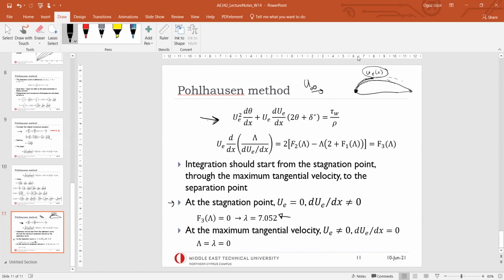Ue is not equal to zero at that location, but we assume that dUe/dx is zero, so Ue is basically kept constant after this point, and we continue our integration until the separation point. The separation criterion for the Pohlhausen solution corresponds to a specific lambda value, as we have discussed yesterday.